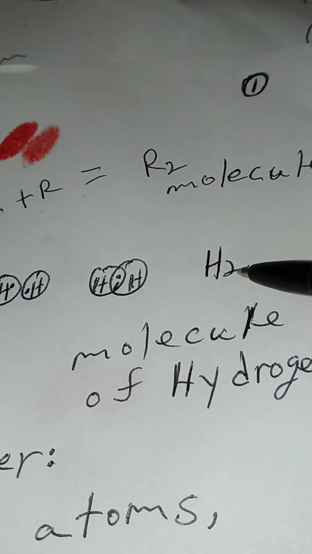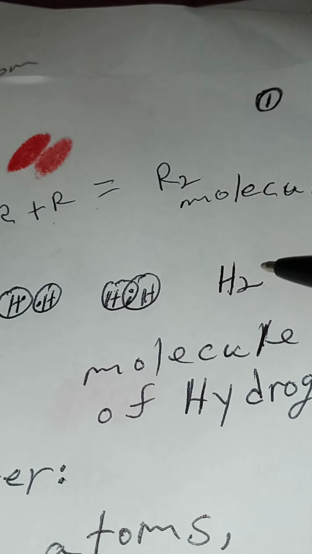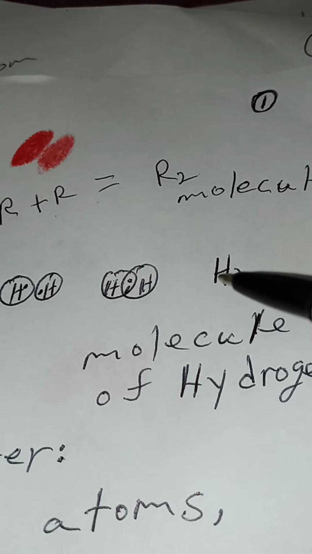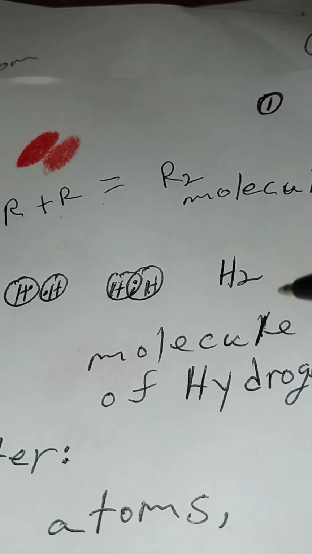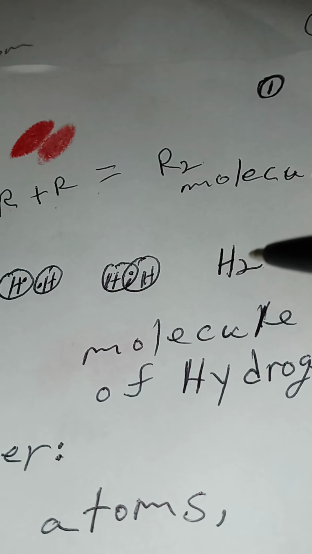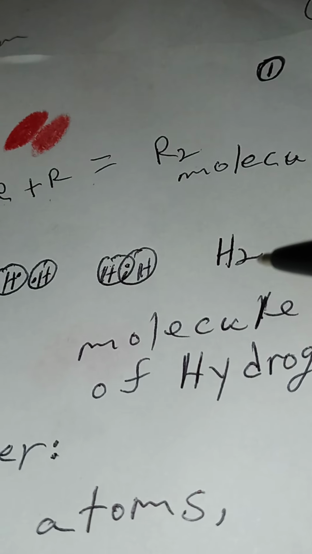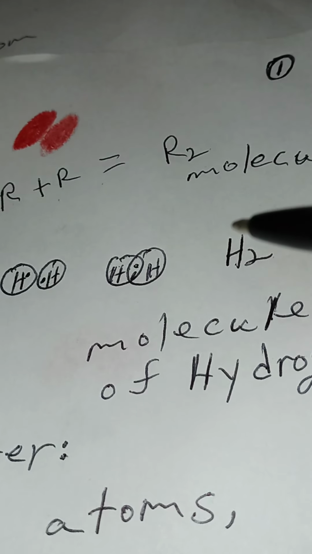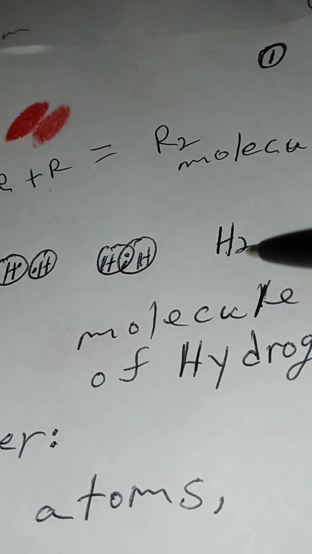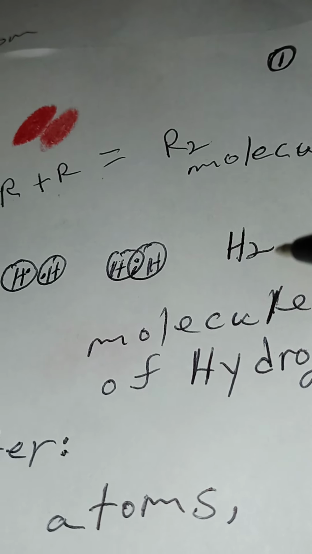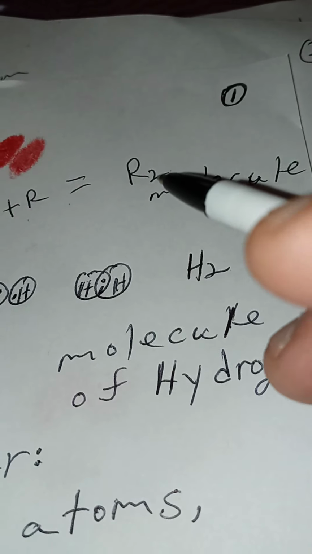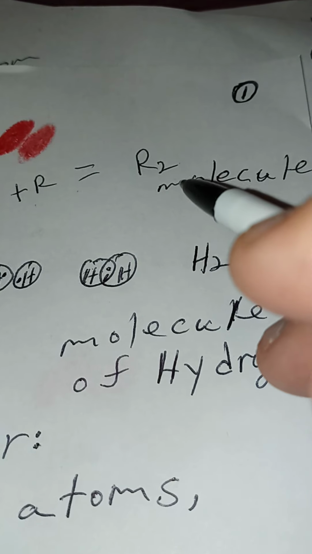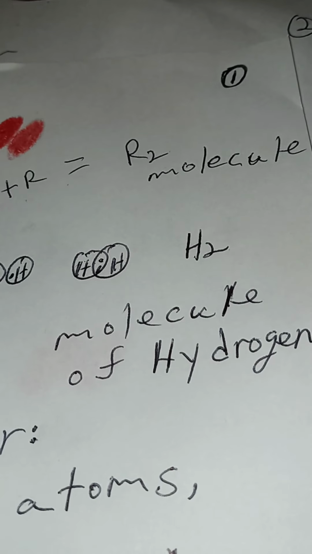So when they come together, now you have a molecule of the same atoms, two pure hydrogen atoms coming together into a hydrogen molecule. You write a capital H, the chemical symbol for hydrogen, and put a 2 at the bottom of the H for the molecule, like you have R2 here. So you've got a pure molecule.